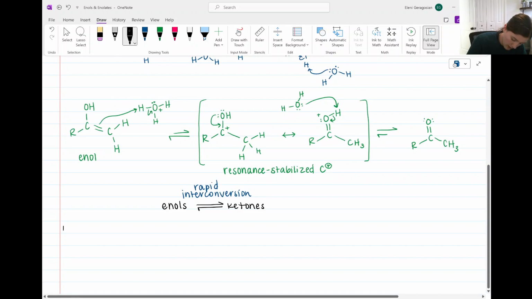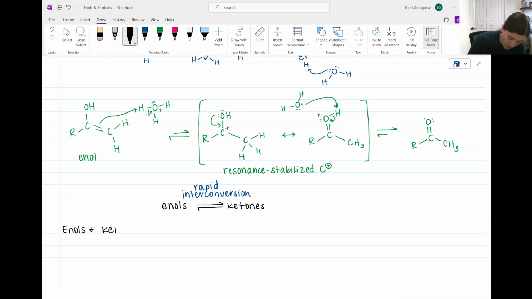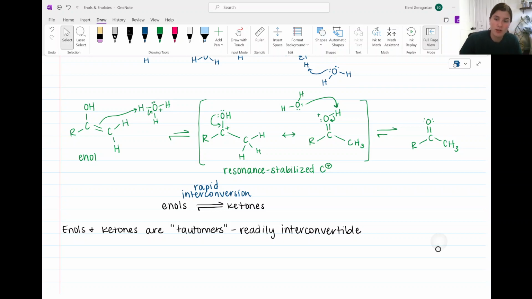So enols and ketones are tautomers. This means they are molecules that are readily interconvertible constitutional isomers.